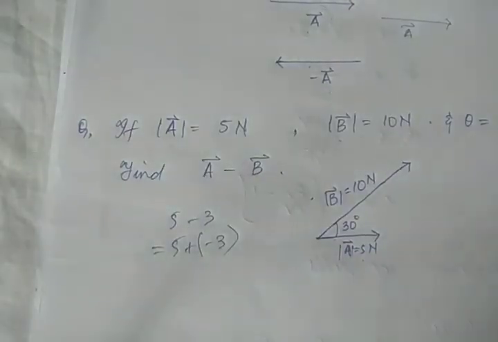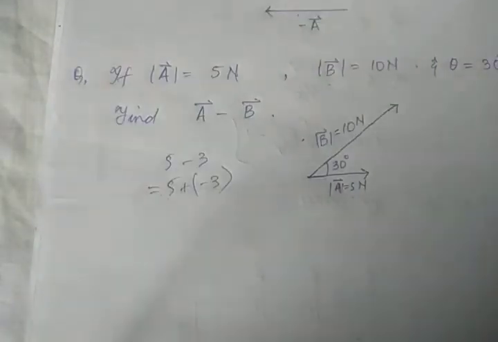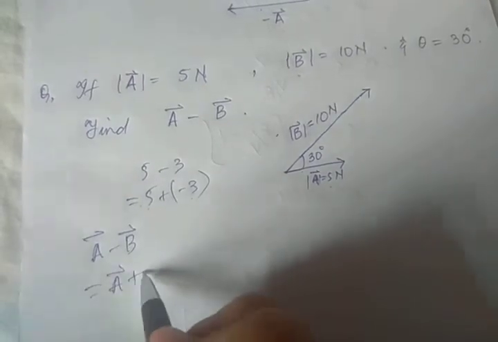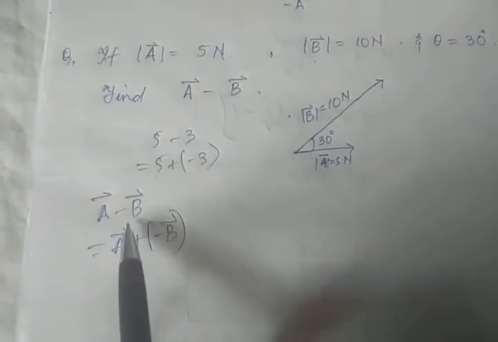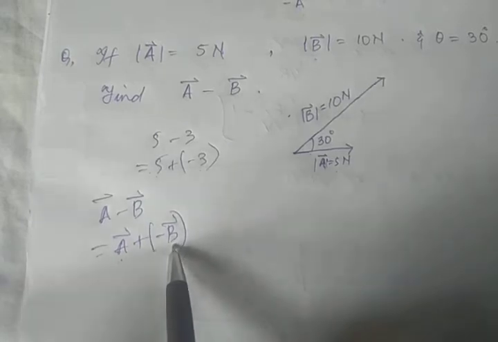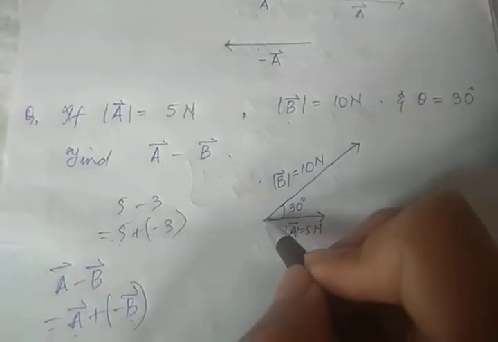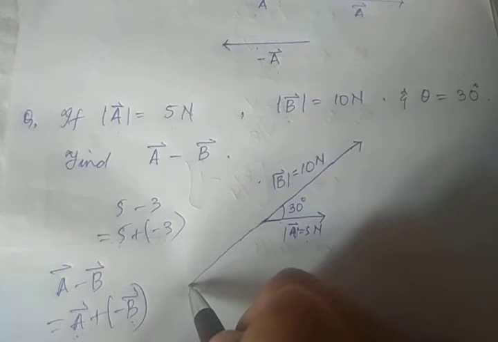So likewise, vector A minus B can also be written as vector A plus of minus B. To say we are finding the resultant of vector A and the negative vector of B. Minus of B will be a vector opposite in direction but equal in magnitude to vector B.